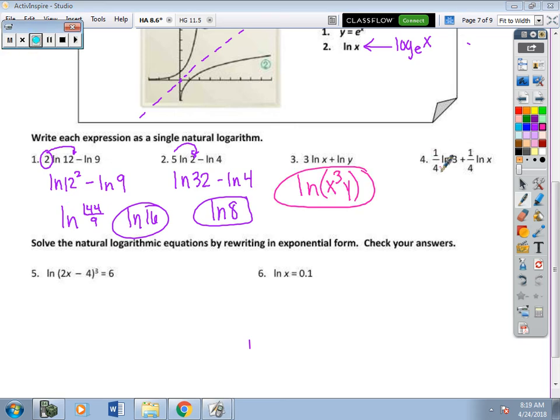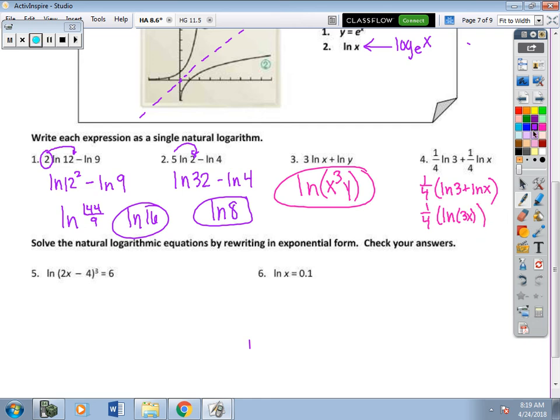Remembering that the 1/4 power is the 4th root. Since they both have a 1/4, you actually could factor that out. You don't have to, you could do it to each of them. But it might be easier to simplify at the end if you do it this way. We know whenever we're adding logs, we multiply, so this would be 1/4 times the natural log of 3x.